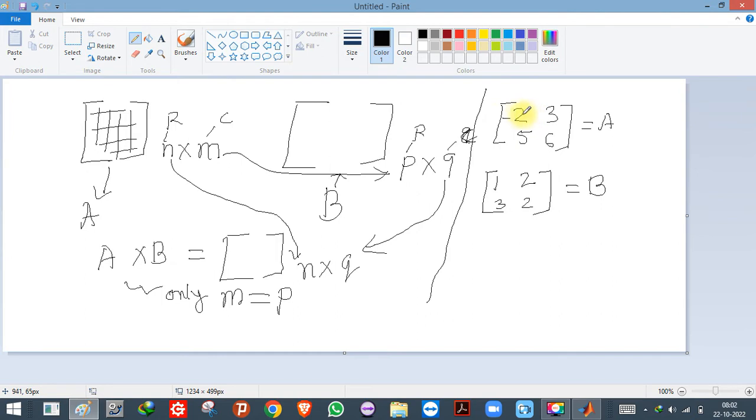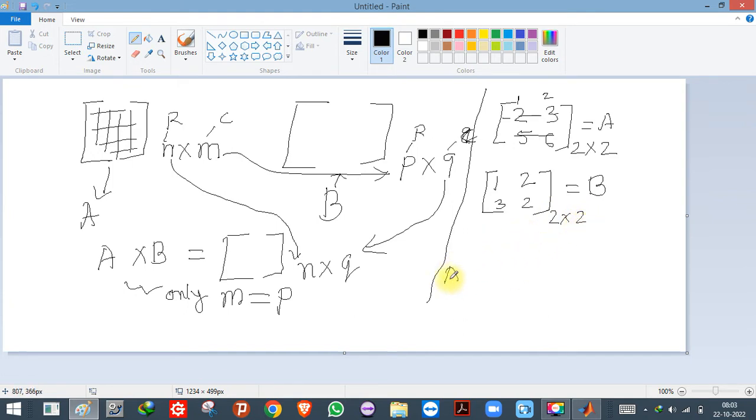This is called one row, this is called two rows. Then we have one column, two columns. So size of matrix is 2 by 2.